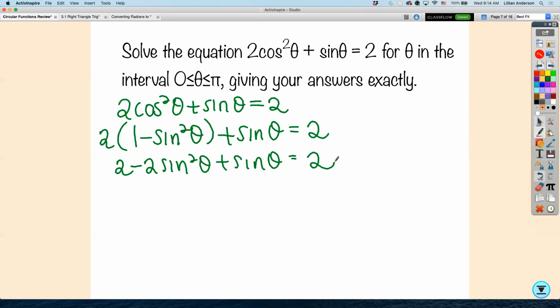And this is nothing but a good old quadratic. It's just in terms of sine instead of just like a normal x, okay? So, of course, whenever you're solving a quadratic, you want to get everything to one side. So I'm going to add over the 2 sine squared theta. I'm going to subtract the sine theta, and I'm going to subtract the 2, which gives me 0.